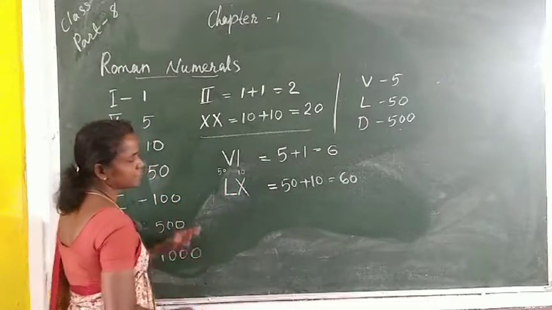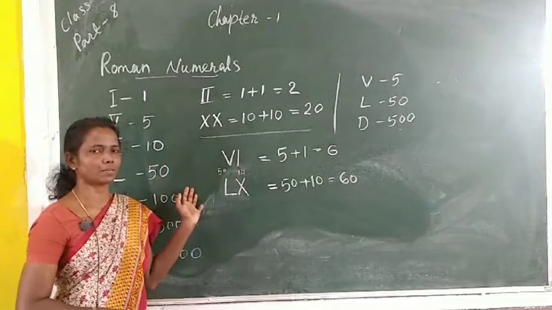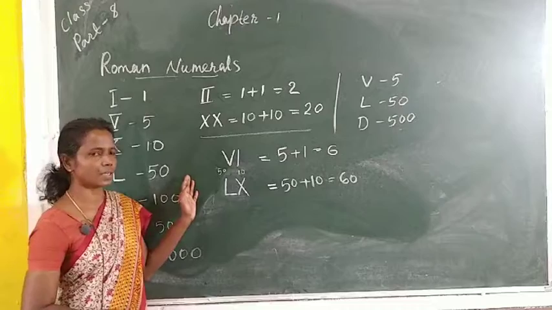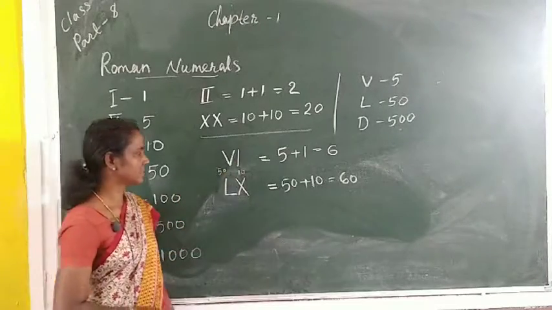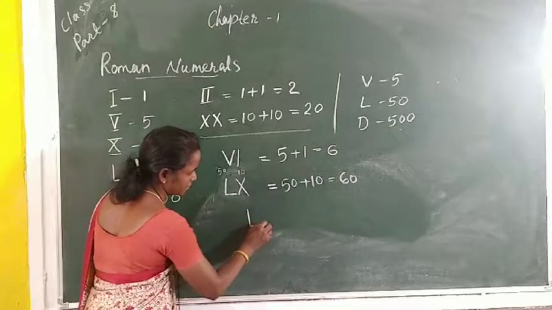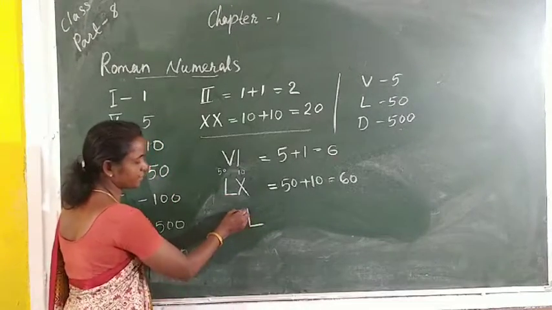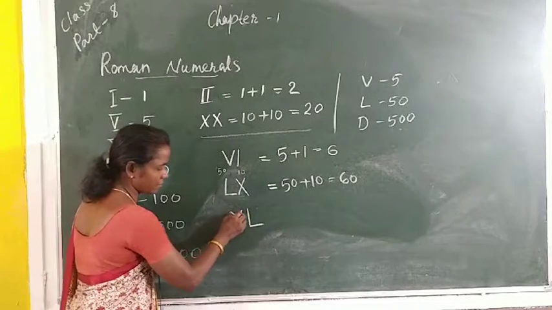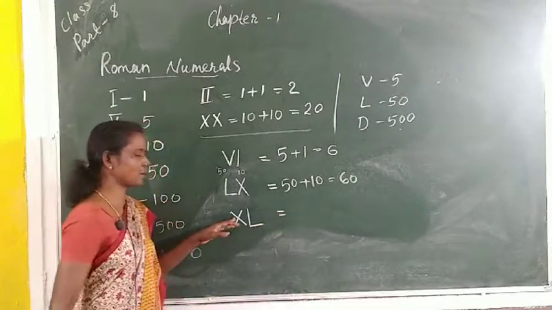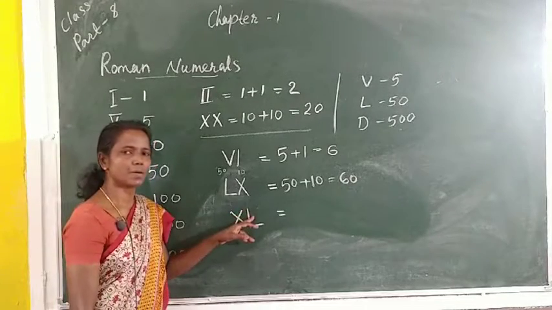The next rule is the opposite. When we write the symbol of the smaller value to the left side of the greater value, it means the smaller value is subtracted from the greater value. For example, take the same numbers: the greater value is 50 and I write 10 on the left side. The smaller value is subtracted from the greater value.